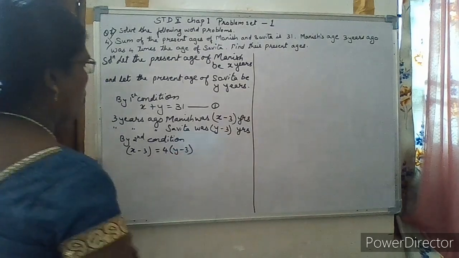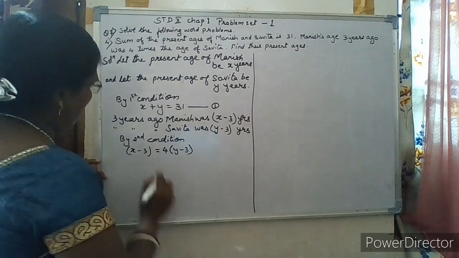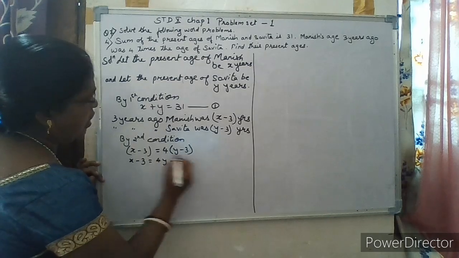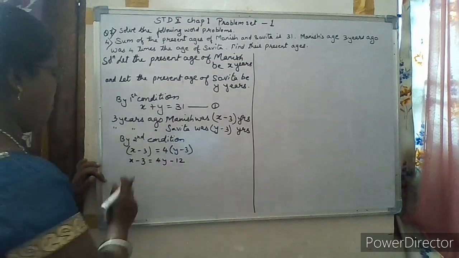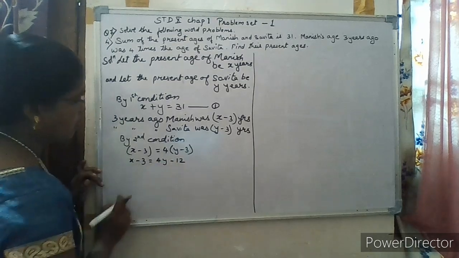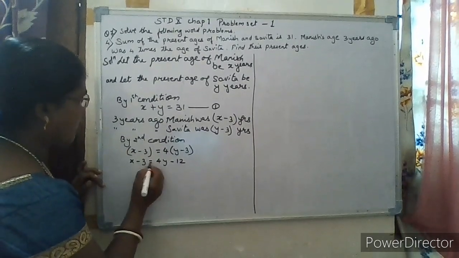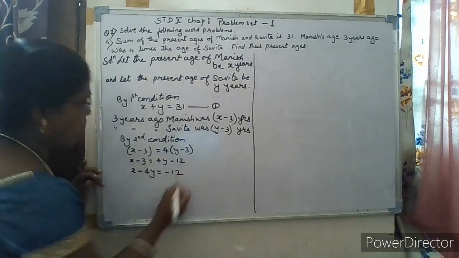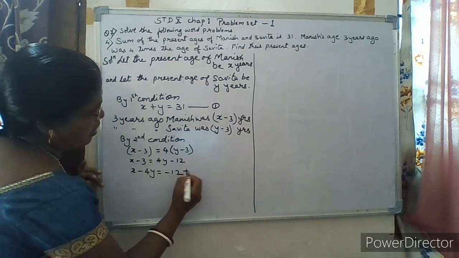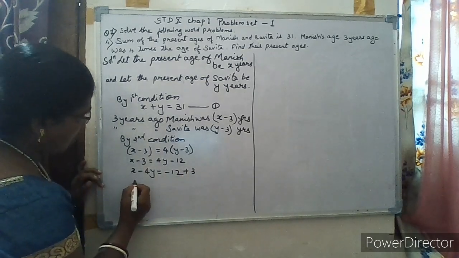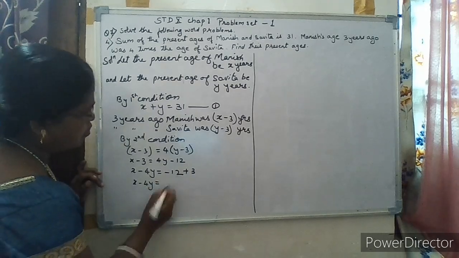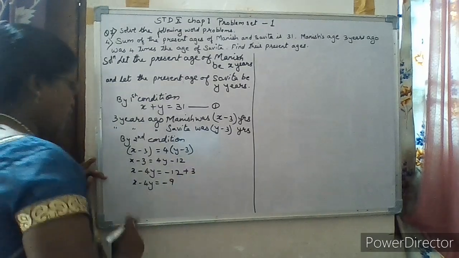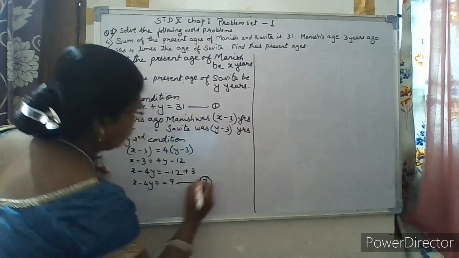So, to bring it in linear form, open the bracket. x minus 3 equals 4y minus 12. Now bring the y term to this side and the numerical terms to the right-hand side. So x minus 4y is equal to minus 12, plus 3. When minus 3 goes to that side, it is plus. Therefore x minus 4y is equal to minus 9. This is equation 2.